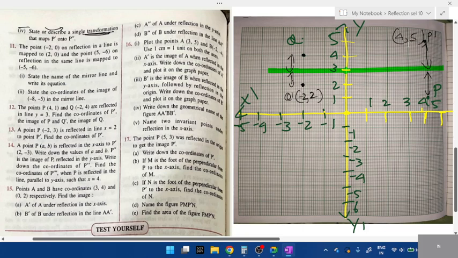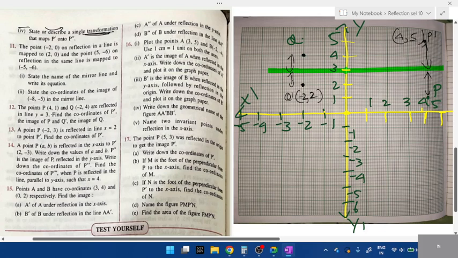Can you check the answer in the textbook? It's the same? Okay. So what's the question given? Find the coordinates of P dash, the image of P, and Q dash, the image of Q. Okay, so there's slight confusion in this question, students.